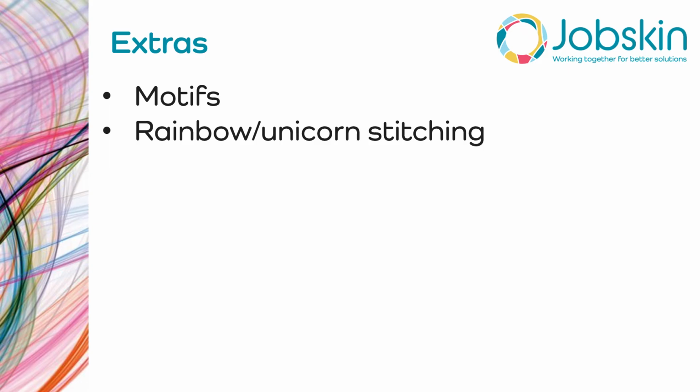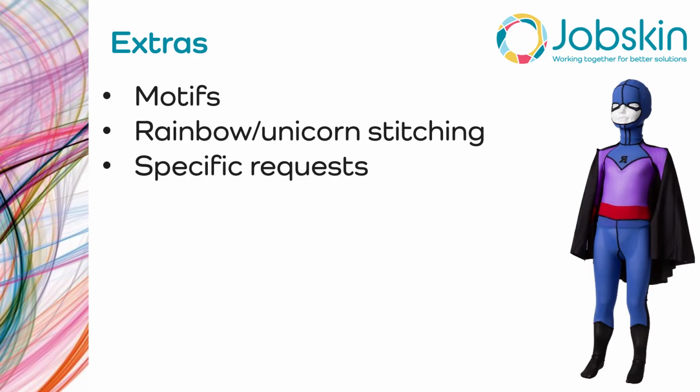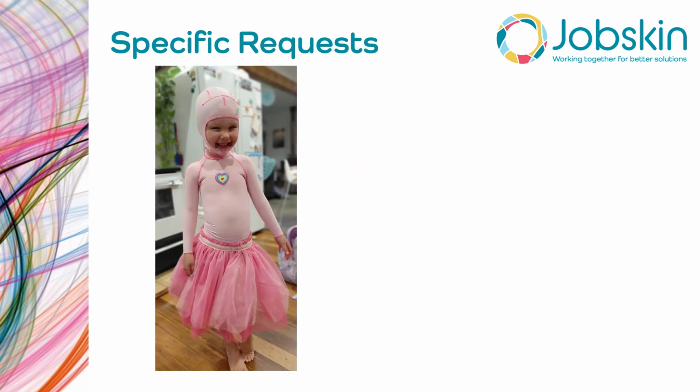There's only 2 threads used, but it looks like there's more colours than that when it stitches out, so it's a nice little highlight feature. Jobskin accommodates specific requests, and I've got a couple of images coming up where you can see how that has happened, and it's been a really good motivating thing for a child having to wear garments.